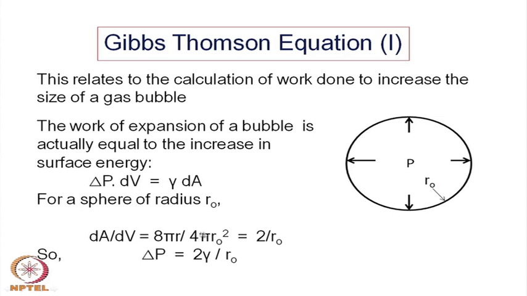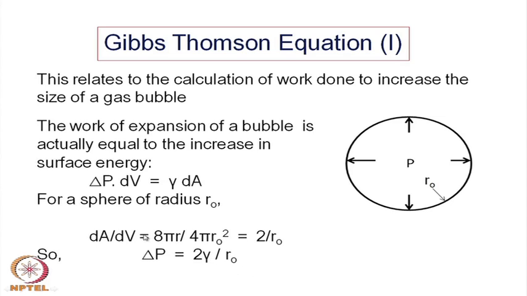For a sphere of radius r0, one can calculate from geometry that dA by dV equals 8 pi r by 4 pi r squared. That should be r0, not r0 squared. So, it will become 2 by r0. So, delta P will be equal to 2 gamma by r0.